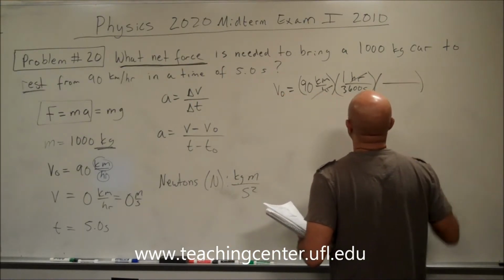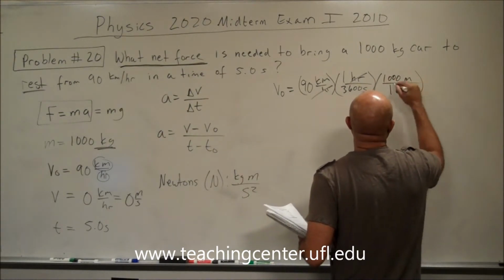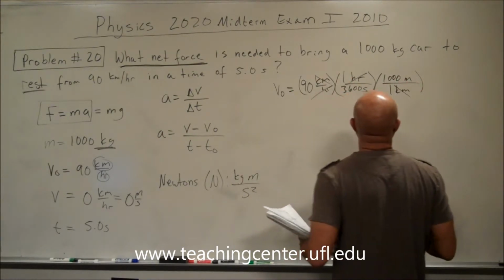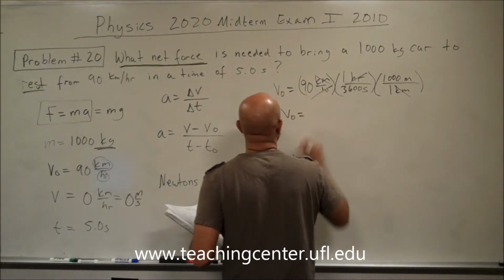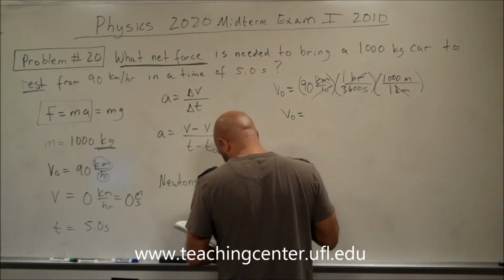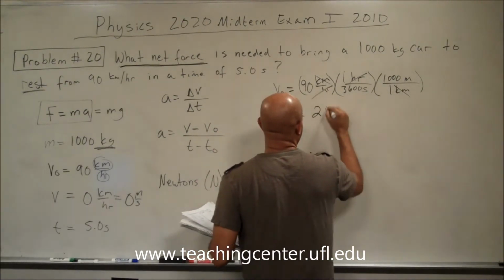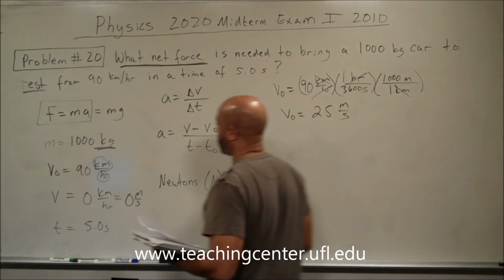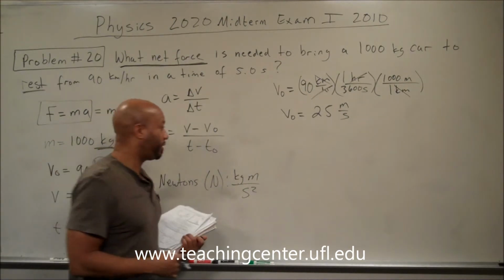And in 1 kilometer there's 1,000 meters, so those cancel out. We're just left with meters per second, and that works out to be 25 meters per second. So that's our initial velocity in meters per second.